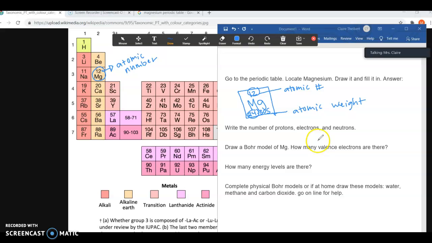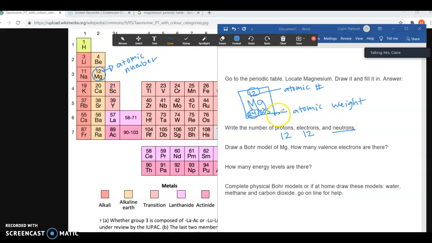All right, so the electrons and protons we can figure out just by looking at the atomic number. So our electrons are 12. Our protons are always going to be the same as the electrons. So the protons are also 12. So protons 12, electrons 12.